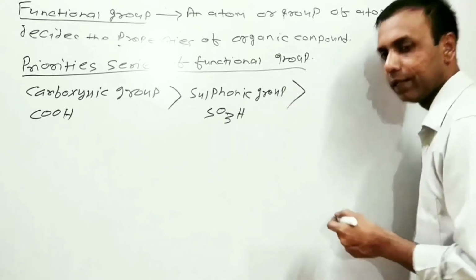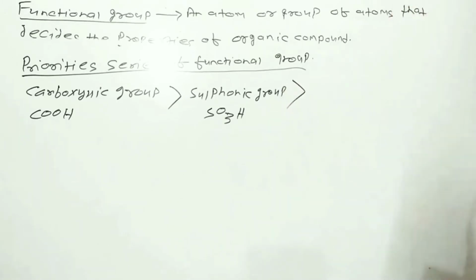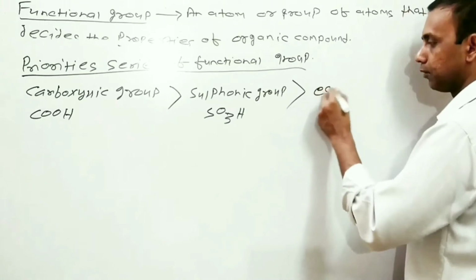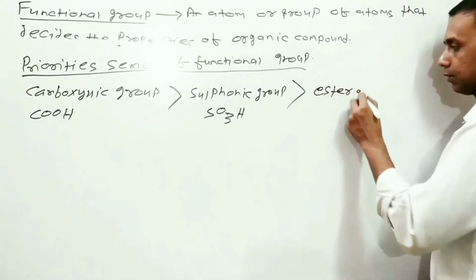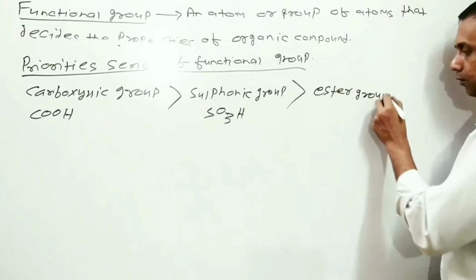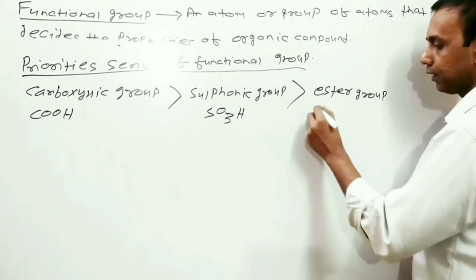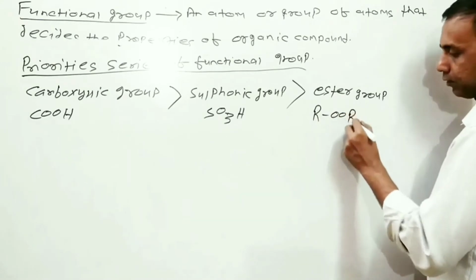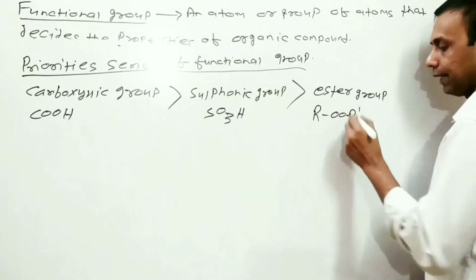And then you have ester. You need to understand that there are always things such as ester, and then there is an acyl group and all. So the next one is the ester group. What is the formula for the ester group? ROOR. Right? So this is the ester group.